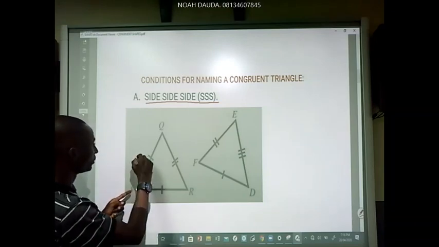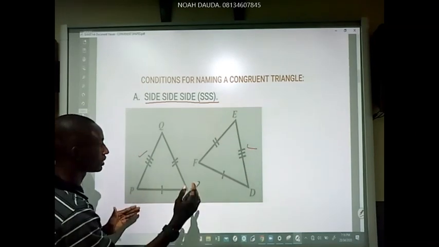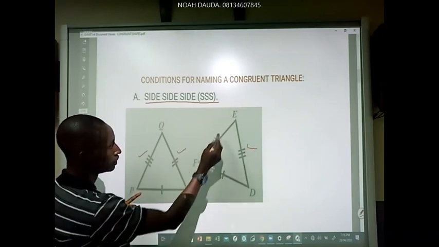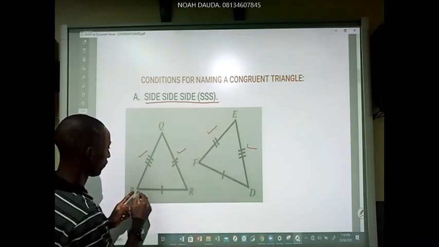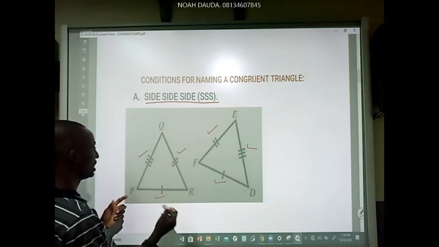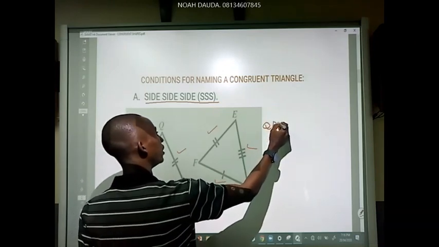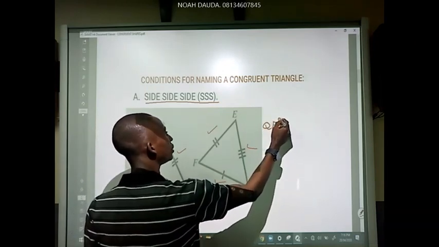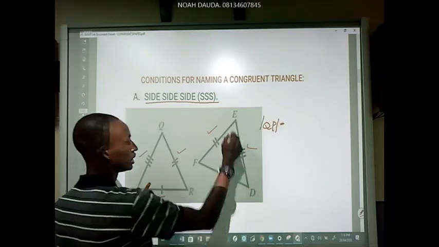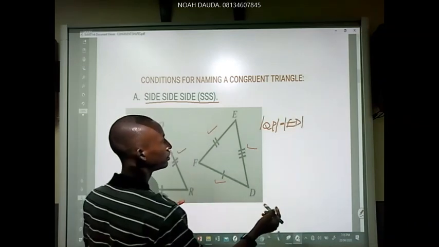Look at PQ and look at ED. Both of them are the same. In the same way we have QR and EF, and finally we have PR and FD. So in a nutshell, you can easily relate them by writing that line PQ is equal to line ED.